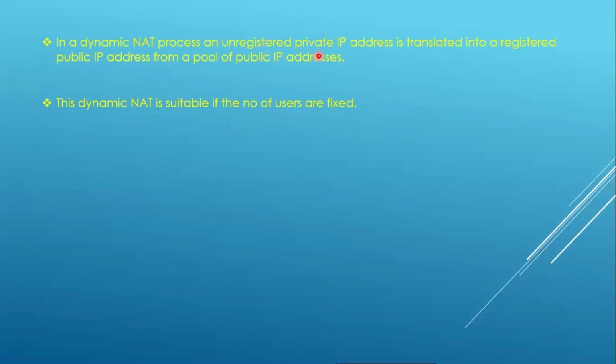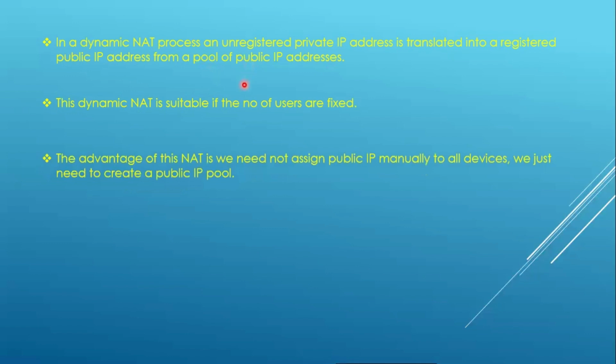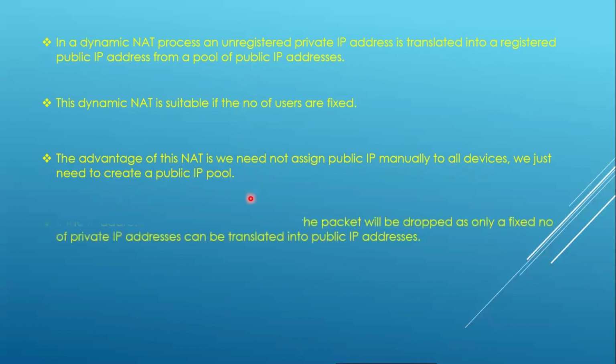We need to create an IP pool, and from that pool the public IP addresses will be assigned to the networking devices by the router. So we need not assign a public IP manually to all devices. We just need to create a public IP pool.